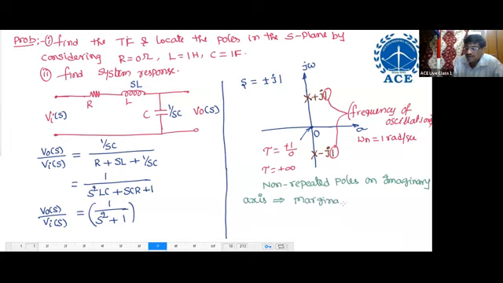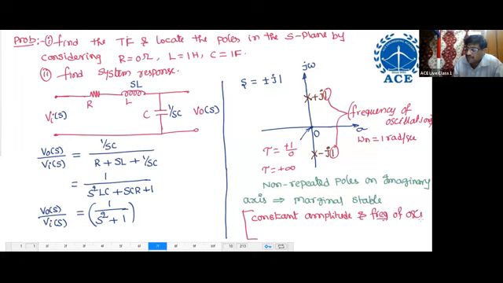Because how is the response of a marginally stable system? The marginally stable response has constant amplitude and frequency of oscillations.